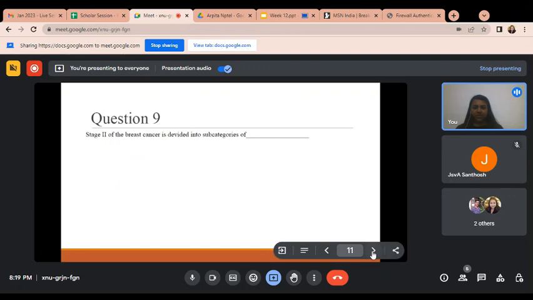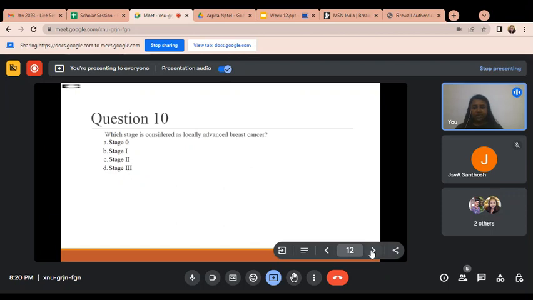And these are the subcategories of stage 2 breast cancer. So do you know the answer? Stage 2 subcategories are stage 2A and stage 2B.